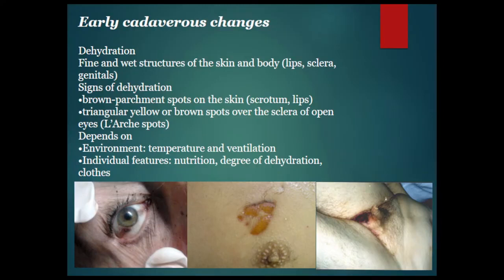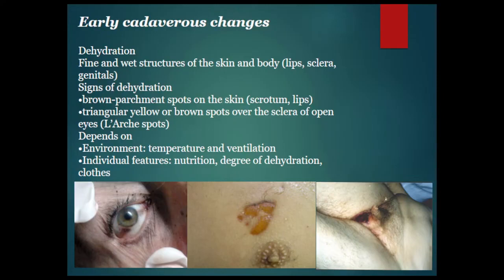The first picture demonstrates the areas of dehydration of the sclera. These brownish stripes on both sides of the pupil are areas of dehydration, the so-called Larcher spots. This is not only a sign of death. This is, by the way, evidence that the eyes were open after death for a certain period.